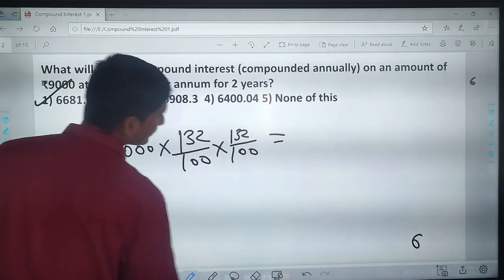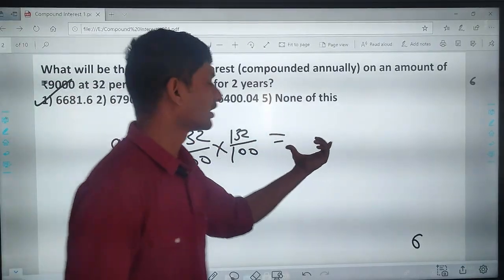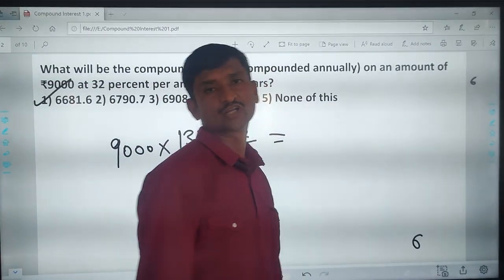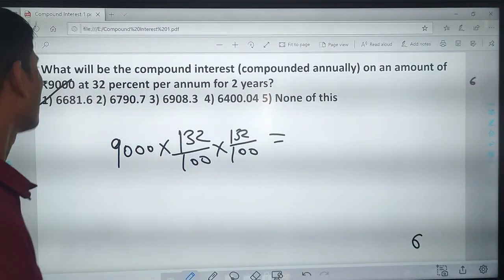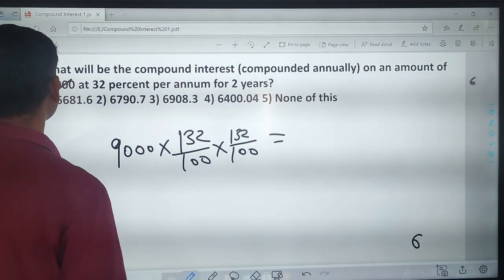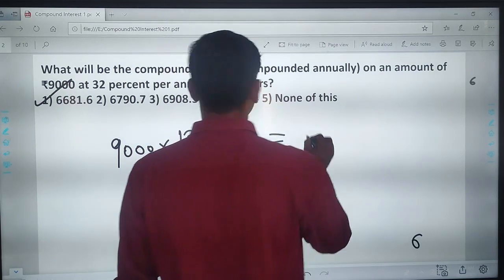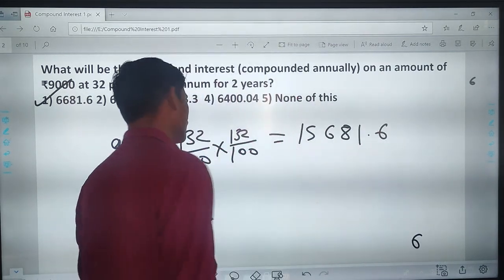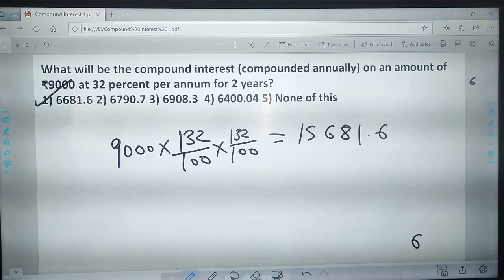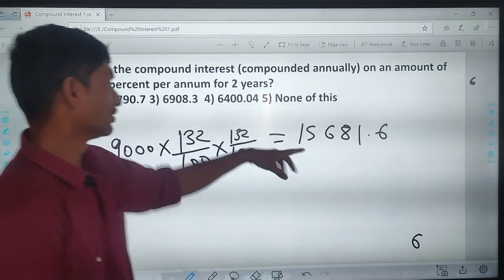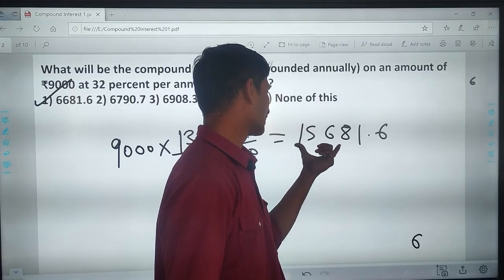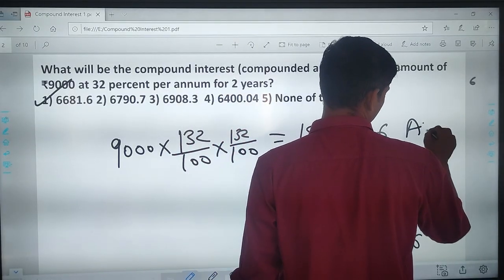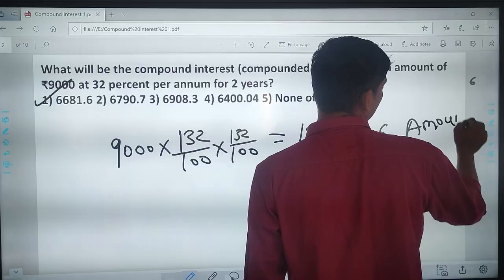Now here comes the amount for 2 years, 15,681.6. This is the amount after 2 years.